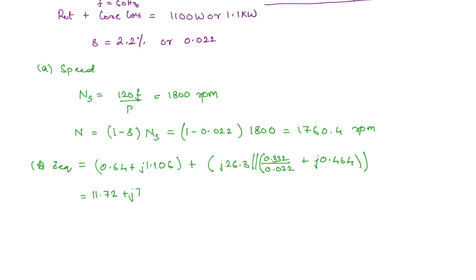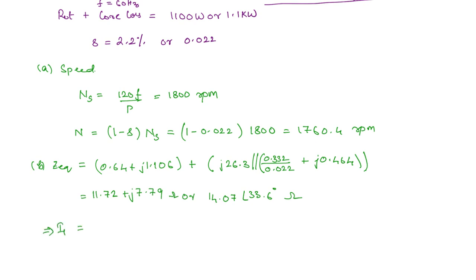So this equivalent impedance you are going to get as 11.72 plus J 7.79 in rectangular form, or in magnitude phase form, 14.07 angle 33.6 degrees. This will be in ohms. Now we can find the stator current.